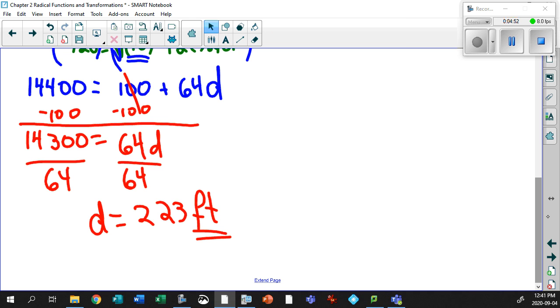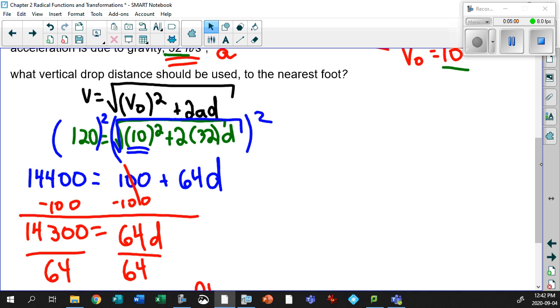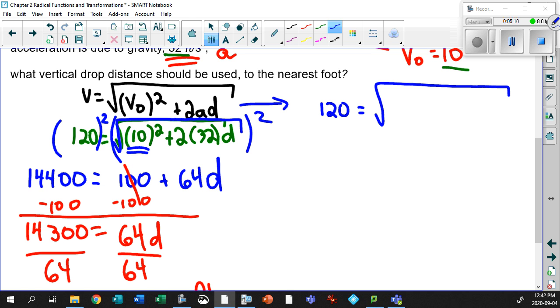Now, how can you make sure that you've done this right? Well, real simple. Throw it in your calculator. Go back to this question right here and start putting the numbers in again. There's 120, this equals the square root, there's your radical.